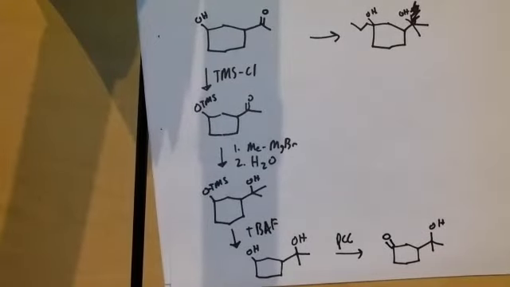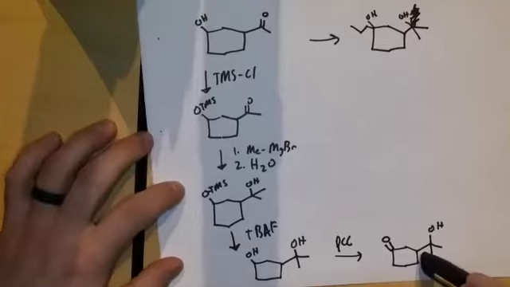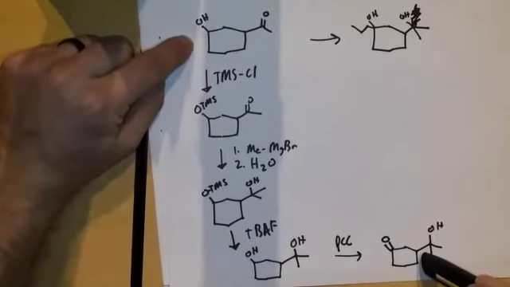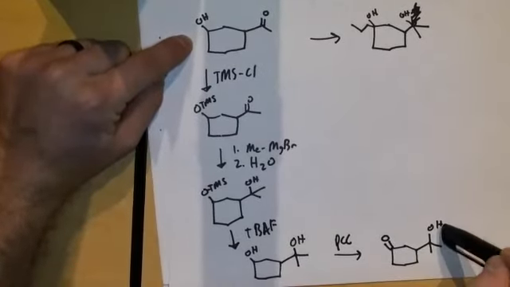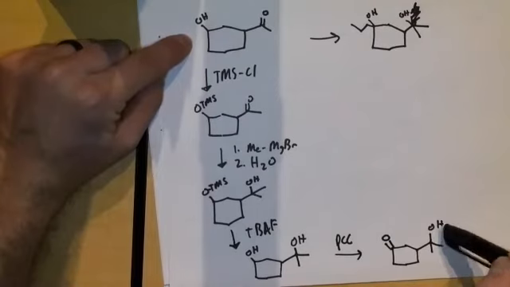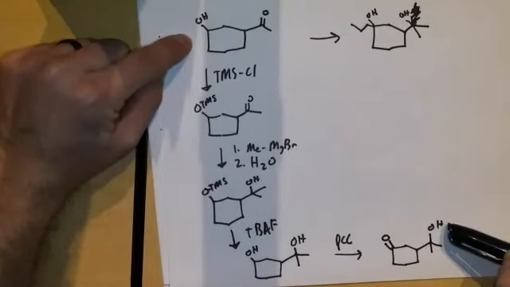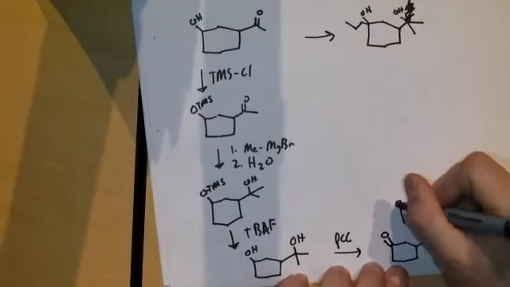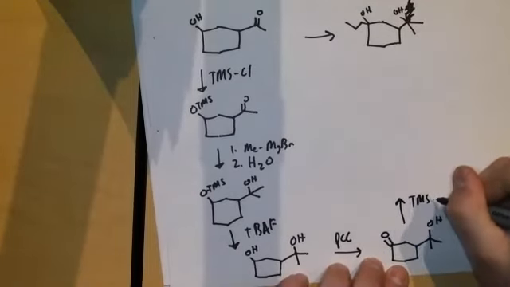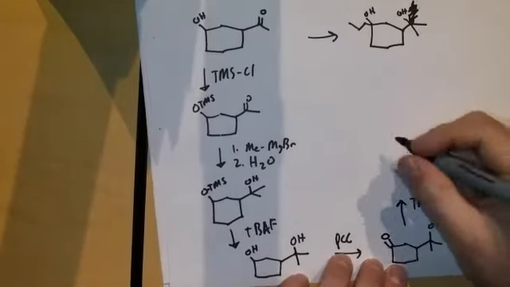So now I'm at an interesting position. I am essentially at the exact same position I was up here, where if I throw in a Grignard, it'll deprotonate this alcohol. So I have to use my protecting group again, TMS, Cl.